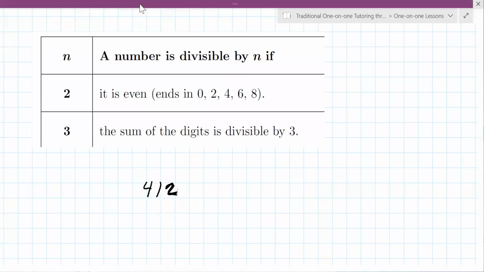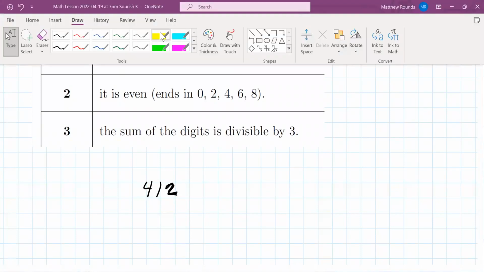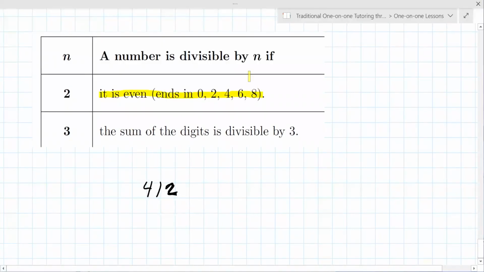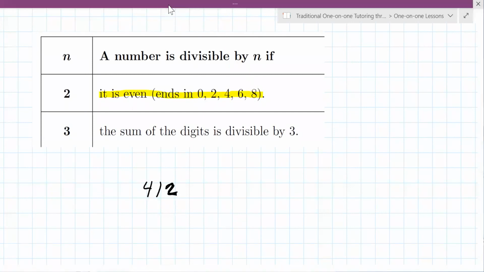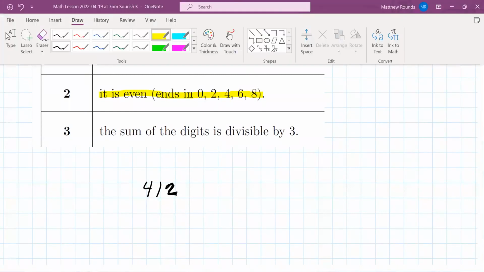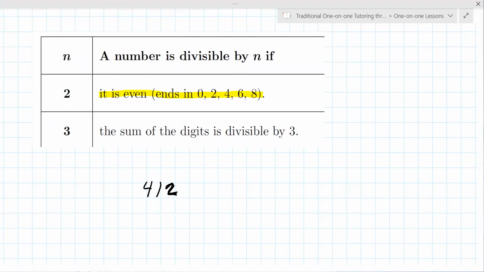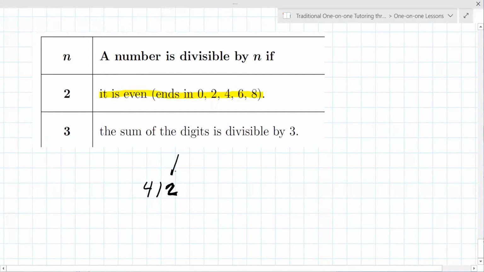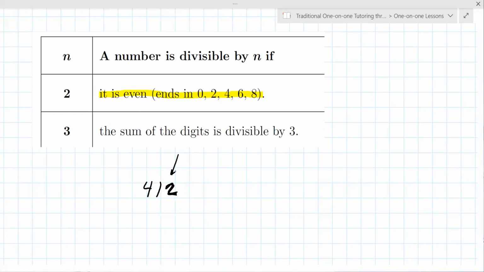It ends in a 0, a 2, a 4, a 6, or an 8. What does this number end in? 2. So it ends in 2, so it's divisible by 2.